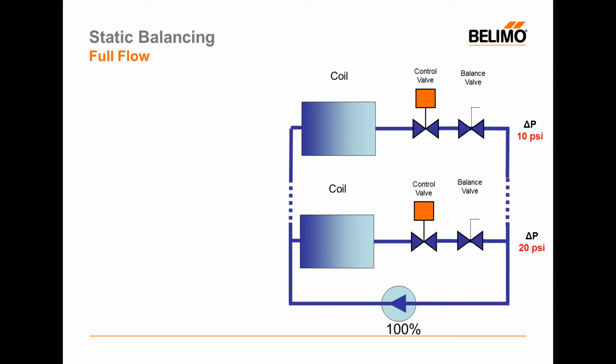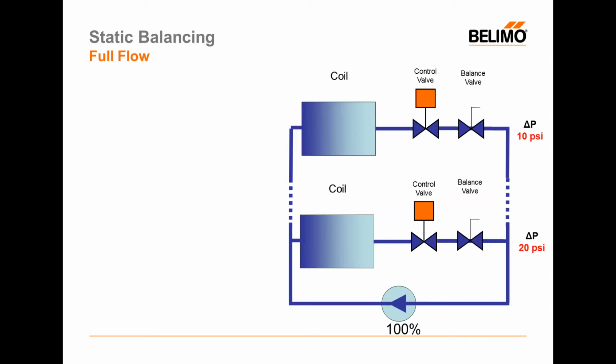On the lower or first floor, you see that we have a 20 psi drop between the inlet to my coil and the outlet of my balancing valve. And at the top of my building, I'll only have 10 psi between the inlet to the coil and the outlet to the balancing valve.